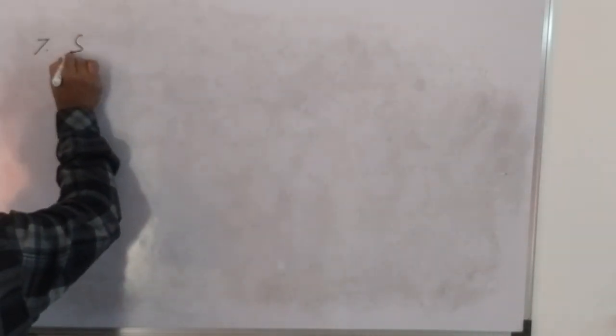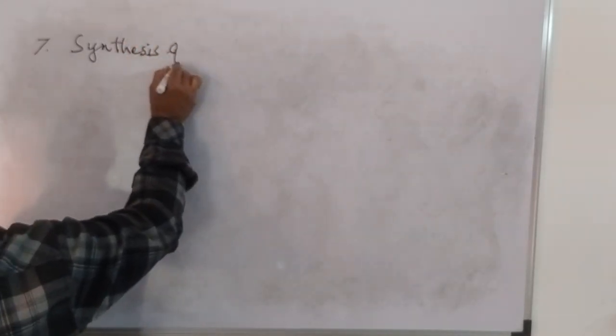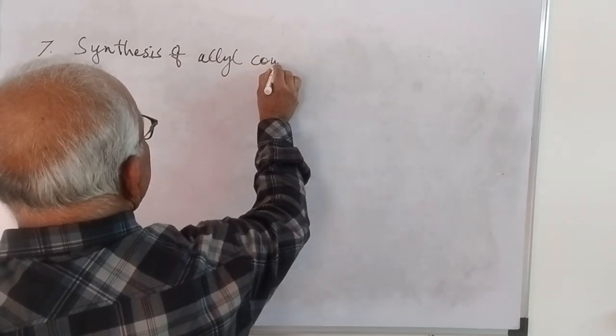Now we will see the next method. Seventh method is synthesis of allyl complexes.